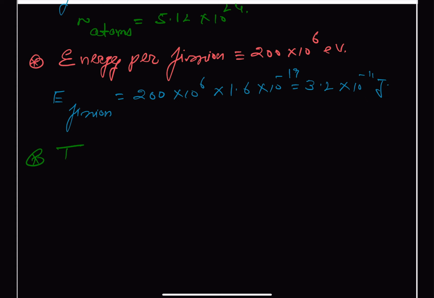Now we can find out the total energy released. Let us call this E total, that will be equal to the number of atoms multiplied by the energy per fission.